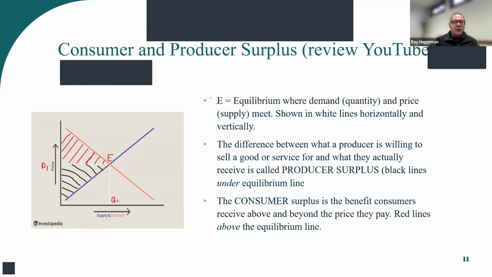So in the converse of what we talked about with the producer, they only paid along the white line, but they received benefit along the orange line that runs up and to the left. So all of that area underneath that line up and to the left, and what they actually paid for, which is P1 to E, all of that red area in there is what we call consumer surplus, because those are benefits that they got above and beyond what they paid.